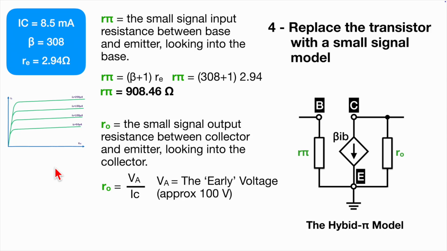Now, if our transistor was perfectly linear, then all these green lines would be perfectly flat. But if you notice, they're not. They curve up slightly. And that's due to something called the Early effect. It's actually to do with the physical construction of the transistor and the junction and the depletion region in the transistor.